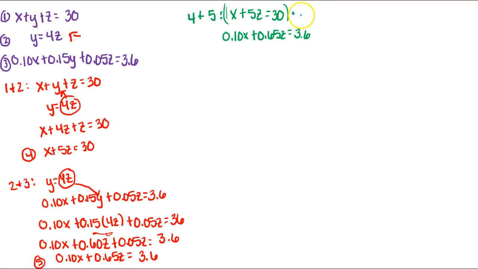Let's multiply the top by negative 0.10. Alright, when we distribute it inside, we get negative 0.10x minus 0.50z equals negative 3.